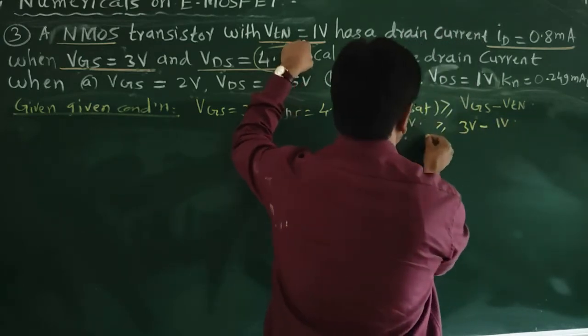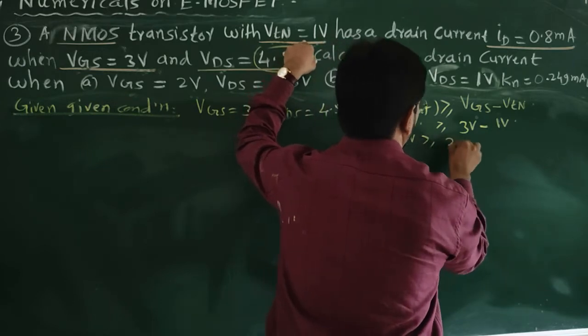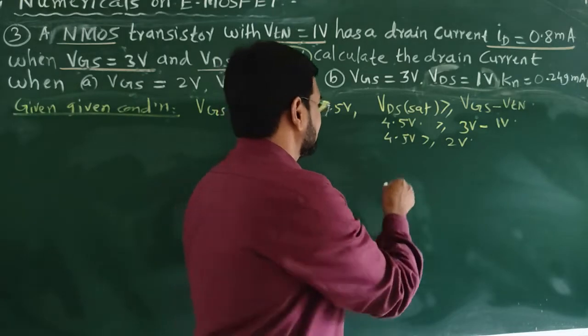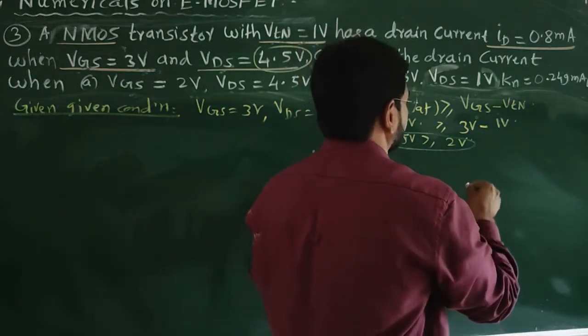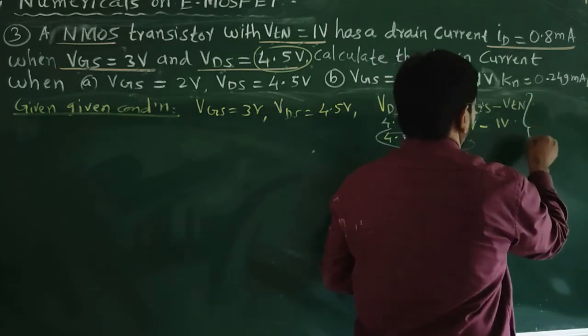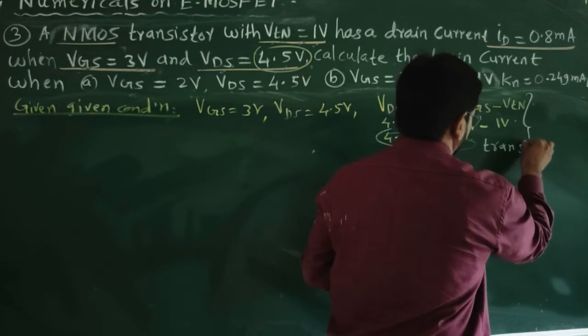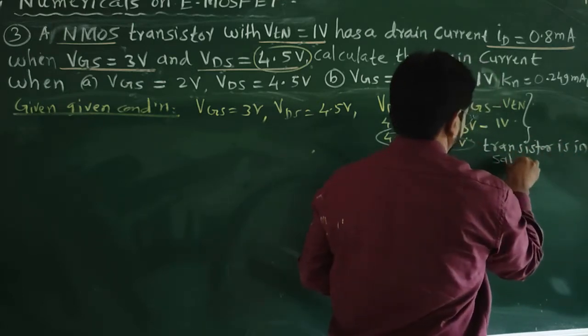So, 4.5 volt is greater than 2 volt, the difference of these two being 2 volt. So, this is valid. It means the transistor is in saturation. What is our conclusion for the given condition? Transistor is in saturation region.